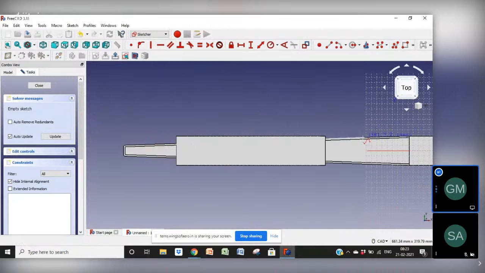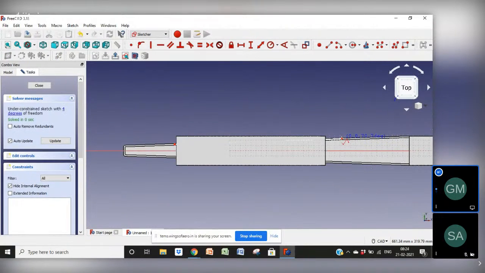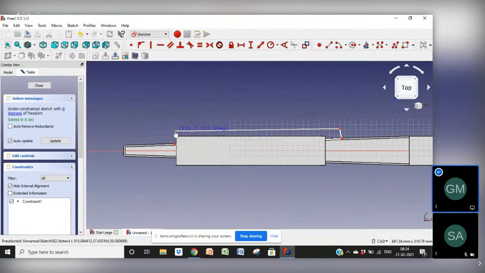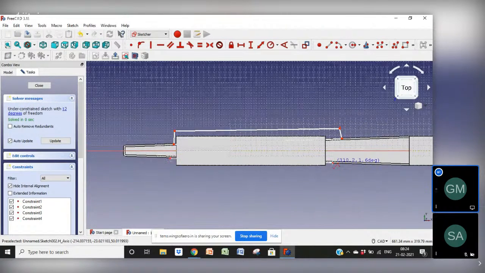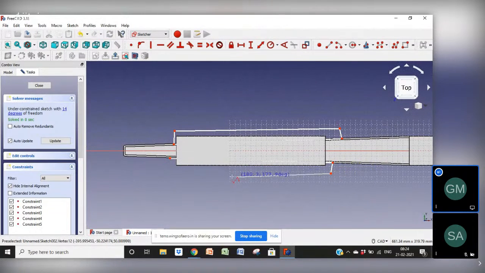This point and this point. Okay, anything above it, we don't need to take care about what's over it.